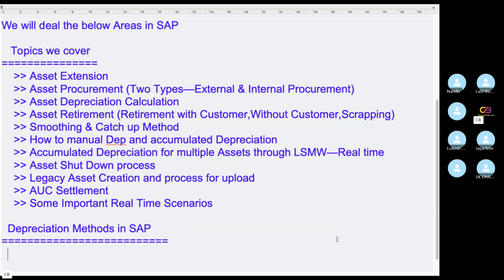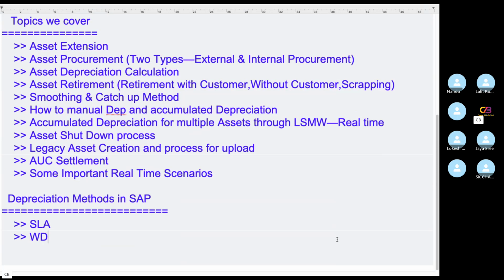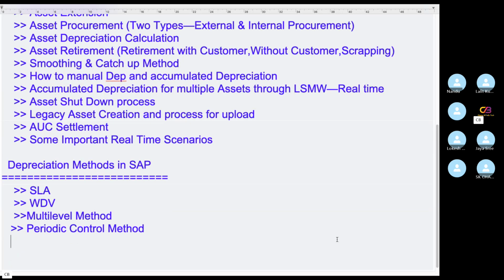Straight line method, WDV method, multi-level method, periodic control method, and maximum amount method.